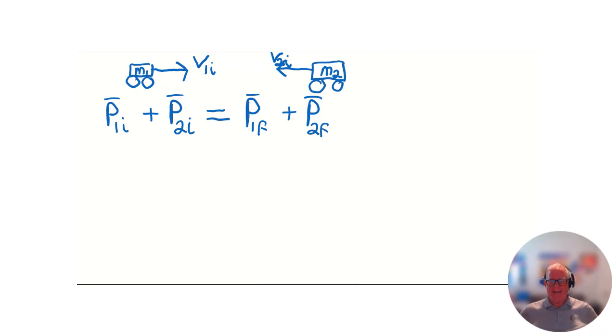I said this was an elastic collision, and if it is an elastic collision, then the kinetic energy should be conserved.